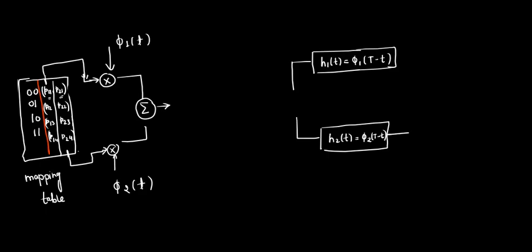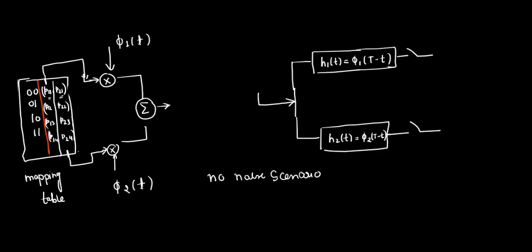So, at the receiver, whatever you receive, you will pass it through it, sample it, so what will you get? Now, just assume the no noise scenario. So, any of these 4 combinations will come here.